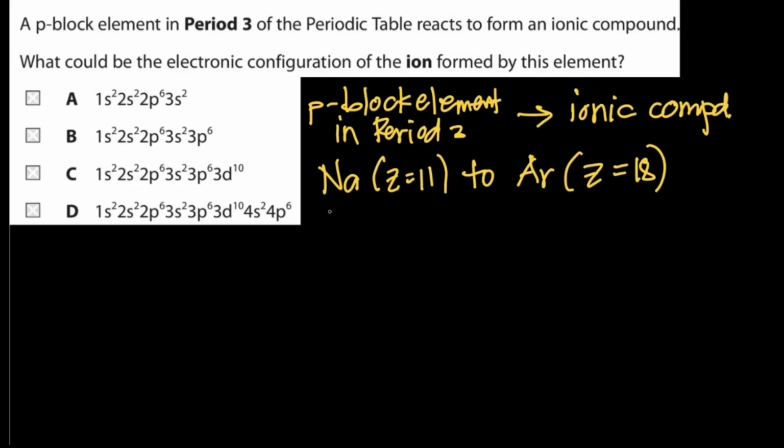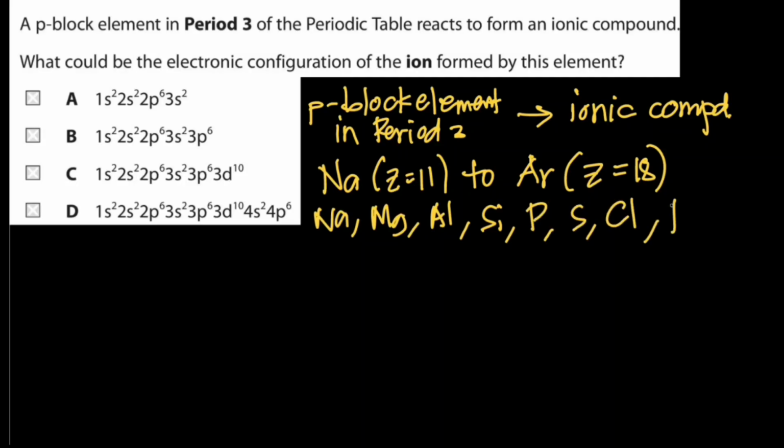So these are the elements we have: sodium, magnesium, aluminum, silicon, phosphorus, sulfur, chlorine, and argon. And then we write the electronic configuration of each of the elements.